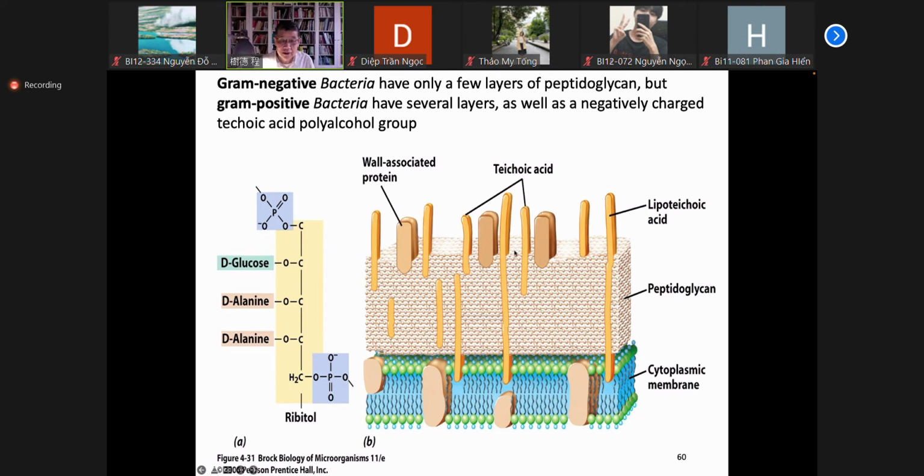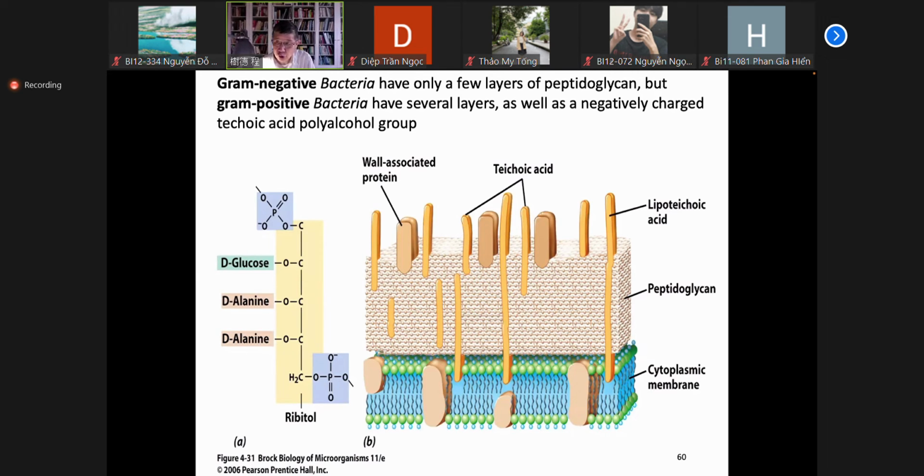This is called teichoic acid. This is lipoteichoic acid. Teichoic acid is also an acidic structure like this. That is, it is either glycerol with phosphate or ribitol with phosphate.